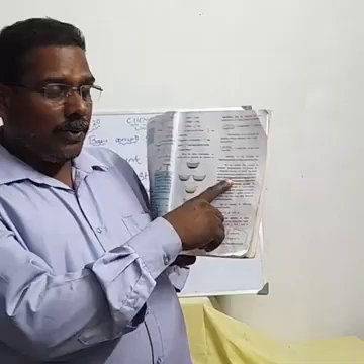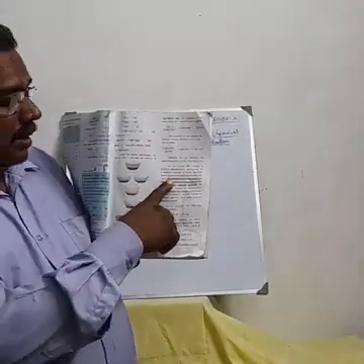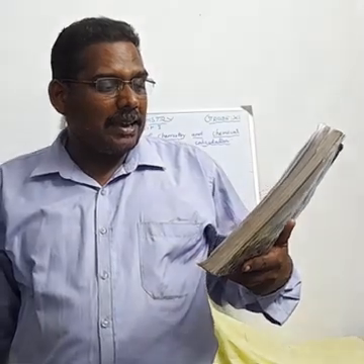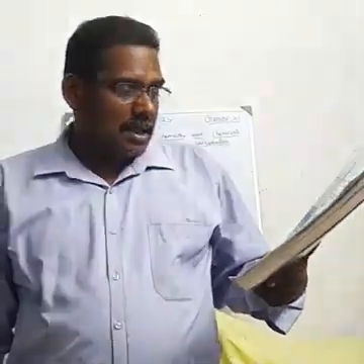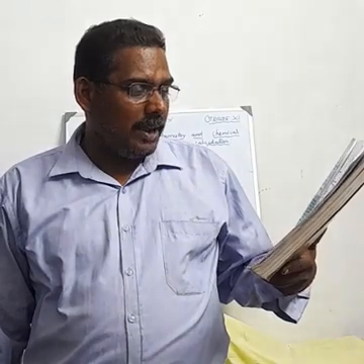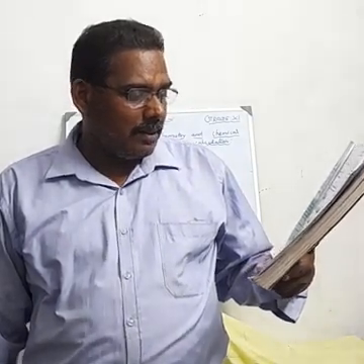Stoichiometry gives the numerical relationship between chemical quantities in a balanced chemical equation. By applying the concept of stoichiometry, we can calculate the amount of reactant required to prepare a specific amount of product and vice versa using a balanced chemical equation.